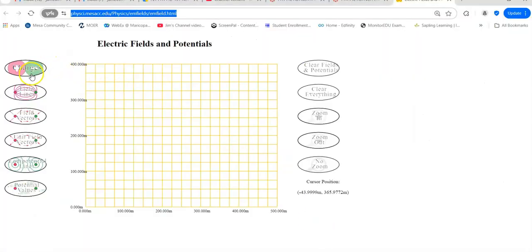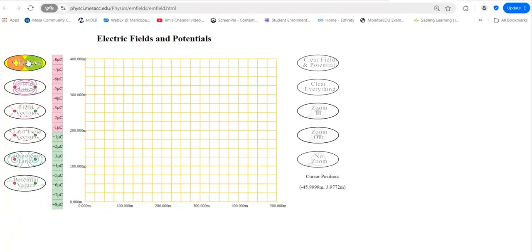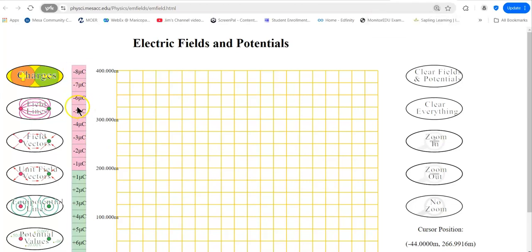So let's go ahead and this is the simulation. And you do have a lab about this situation. Now in the simulation, it's weird. Red, which is typically represented as a positive charge, that's actually the negative charge. If you look closely right here, those have little negatives in front of them.